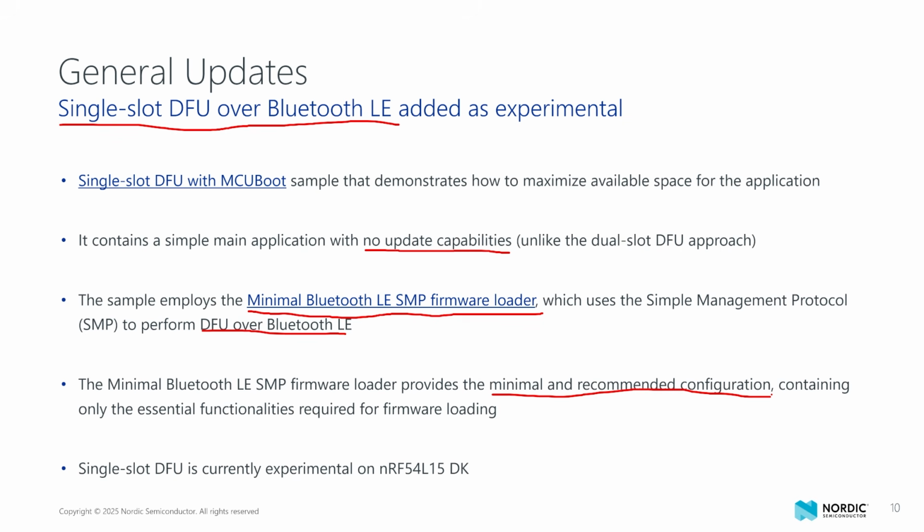We really make it small and it contains only the functionality that is needed for firmware loading. Today this is experimental, and in terms of hardware, it is on the nRF54L15DK, but we are expecting to expand support towards other targets as well, and of course increase the maturity from experimental to supported in an upcoming release.